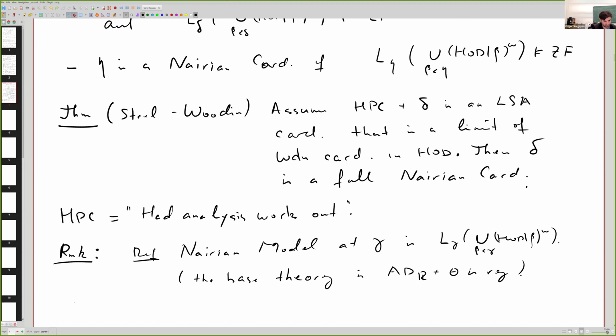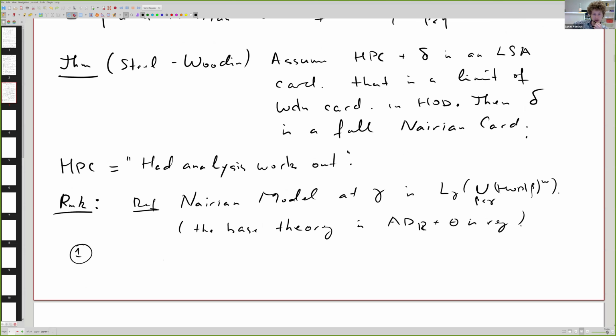Grigor, can you also clarify what the theta of the Nairian model is? I guess in the full case, is it the largest Suslin of the LSA model? Remark: N gamma is a model of ADR.